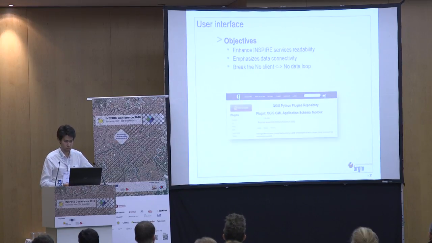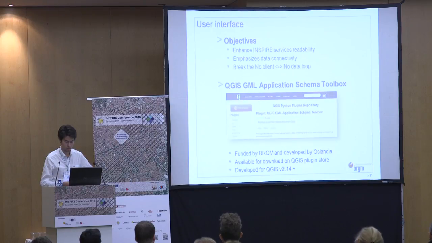So we wanted to break this loop, and we provided a tool. This tool has been funded by BRGM and developed by the French company Oslandia. And this tool is actually a QGIS plugin, which is available for download. You can have it for now. And it has been developed for QGIS version 2.14 and the next ones.